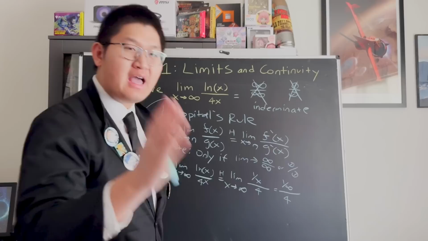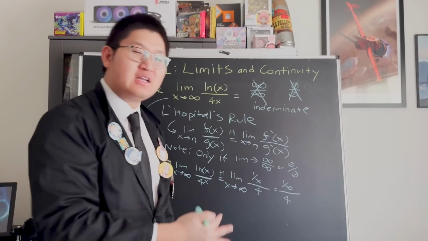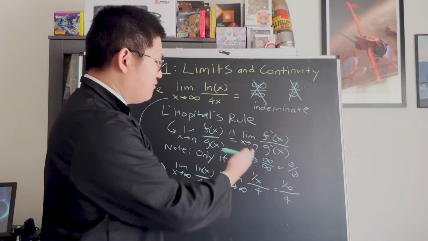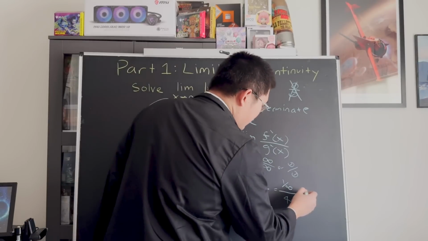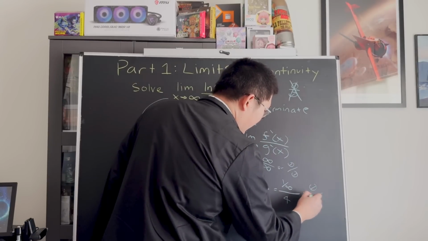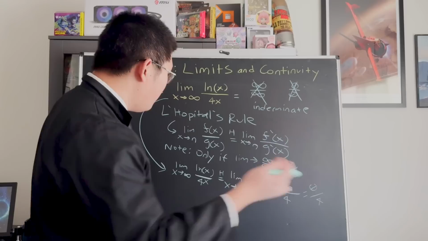1 over infinity is actually determinable, with any number being divided by an increasingly larger number, such as infinity being that value that we assign to it. We can realize that we have 0 in the numerator and then 4 in the denominator. And there you go. Would you look at that?